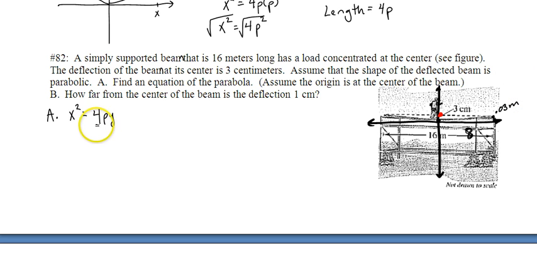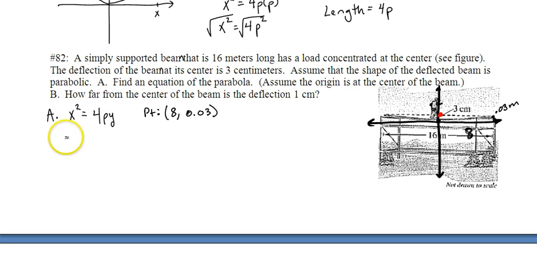So I know that it's x squared equals 4py. Well, I also know that this point of 8 meters and 0.03 meters is on my parabola. If I plug this point into my equation, I can solve for p, and you'll actually see that p is definitely not 3.